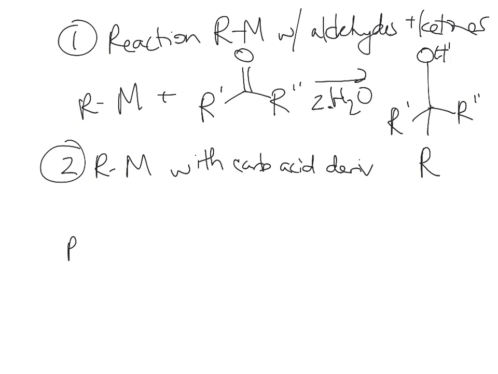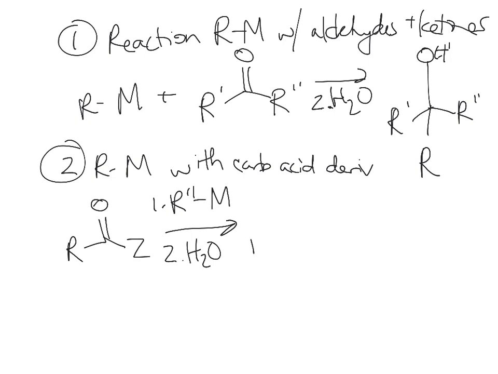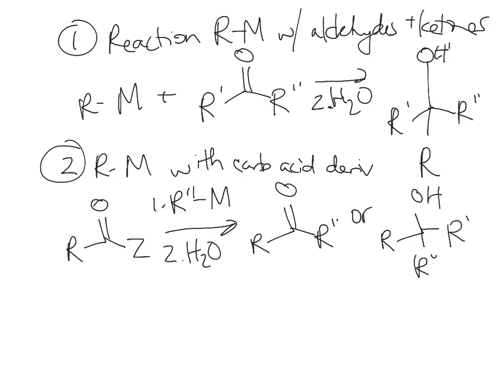And so that would be things like acid chlorides and esters, etc. So if you first add your organometallic reagent, you're going to end up with a ketone, or it's going to keep adding like it would to a ketone, and you end up with two of those R groups on there because you've done nucleophilic acyl substitution.